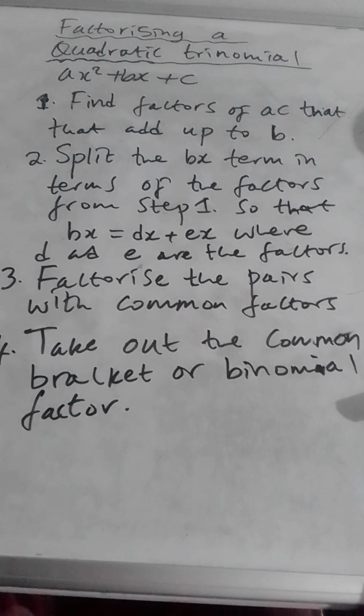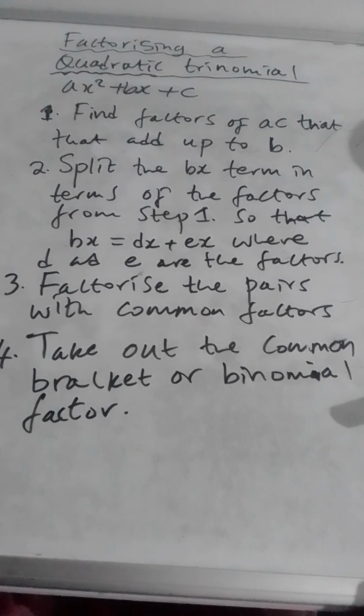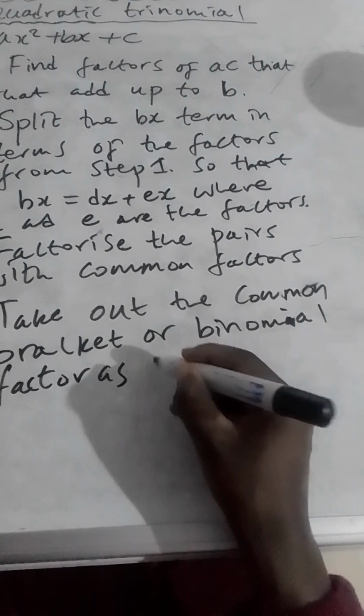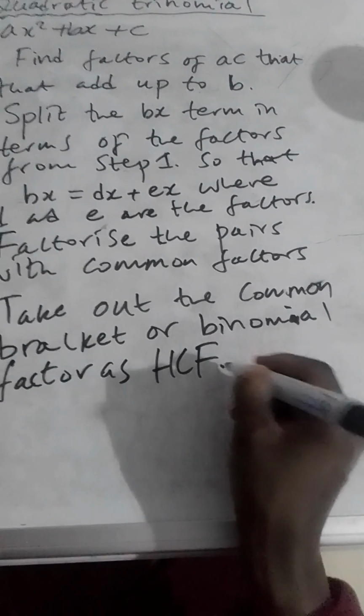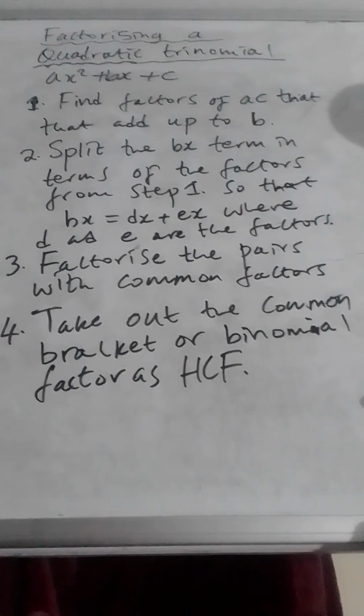You must separate those two. Then take out the common bracket or binomial factor, HCF. Okay, so now we're going to take our examples, write them again, and then do them one by one following this method.